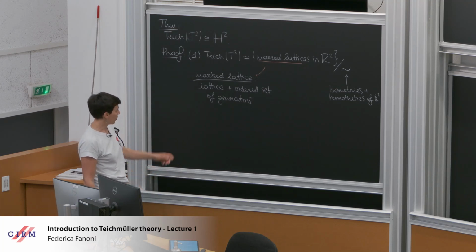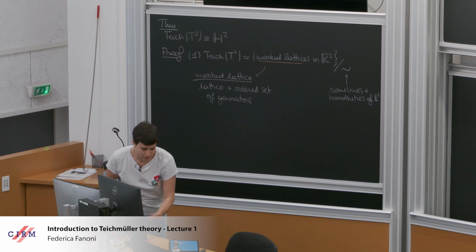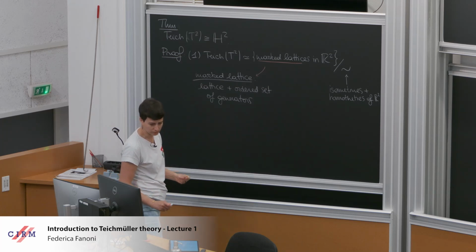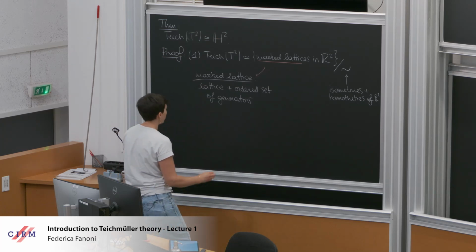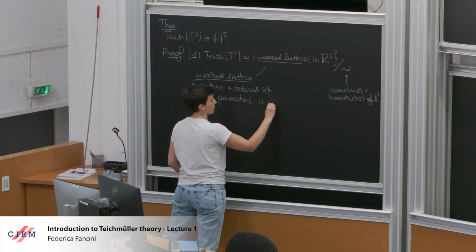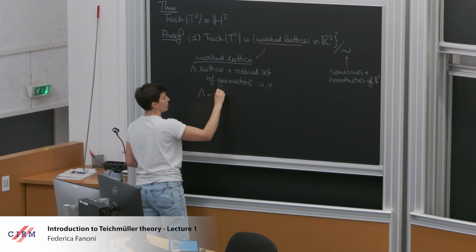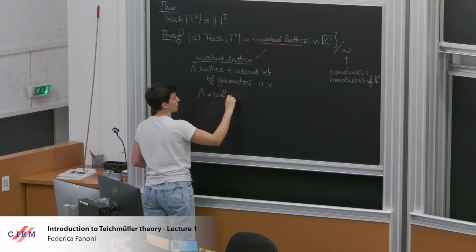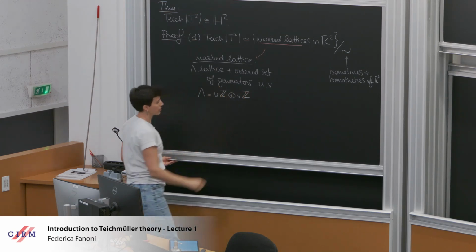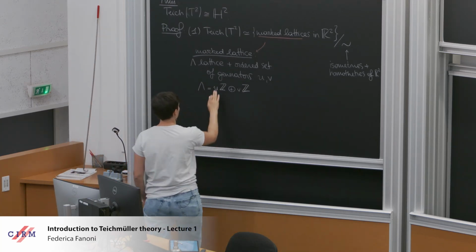There's a much more general definition. We will hear much more about it later on, but you can think about it that way. So here I have a lattice lambda, and then I have generators, say u and v. So I have that lambda is u, Z, something of the form.